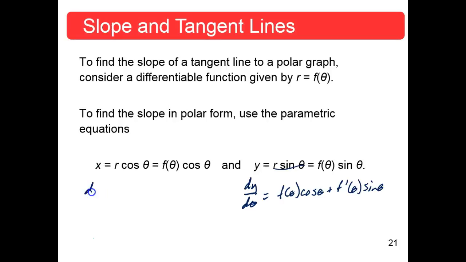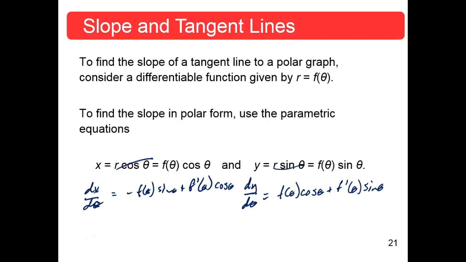Similarly over here, let's do dx/d theta. Again using this form, what do we have there? Negative alpha of theta sine theta plus f prime of theta cosine theta.